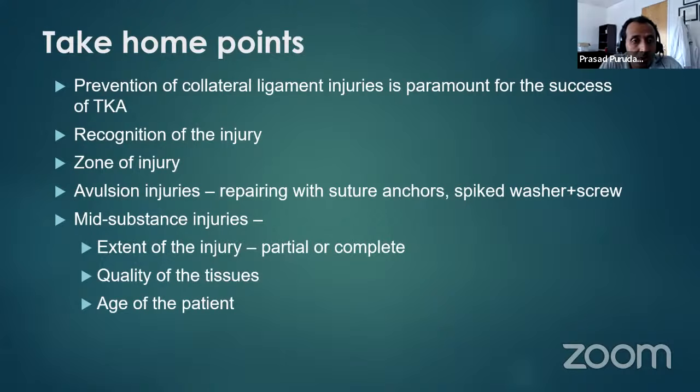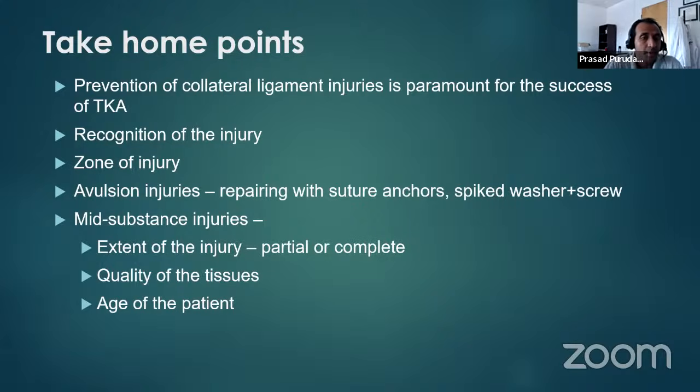In tibial avulsions, as we have seen, many authors have demonstrated they do well without any definite repairs, but we can do simple repairs, or anchor them with suture anchors, or even use a spiked washer and screws.